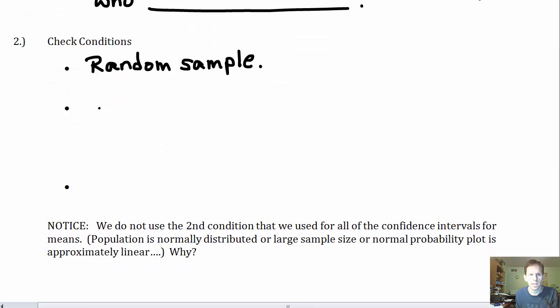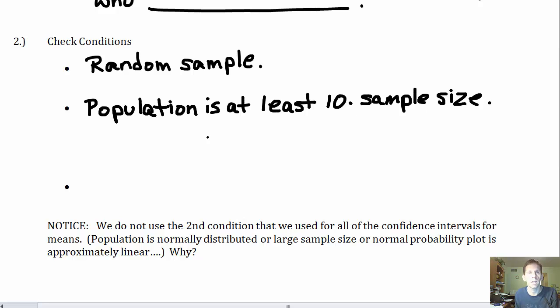Our second condition is that the population is at least 10 times the sample size. You may recall that this is the same thing as rule of thumb 1 that we talked about back in chapter 9. We had also used this notation that the population, capital N, is at least 10 times little n.